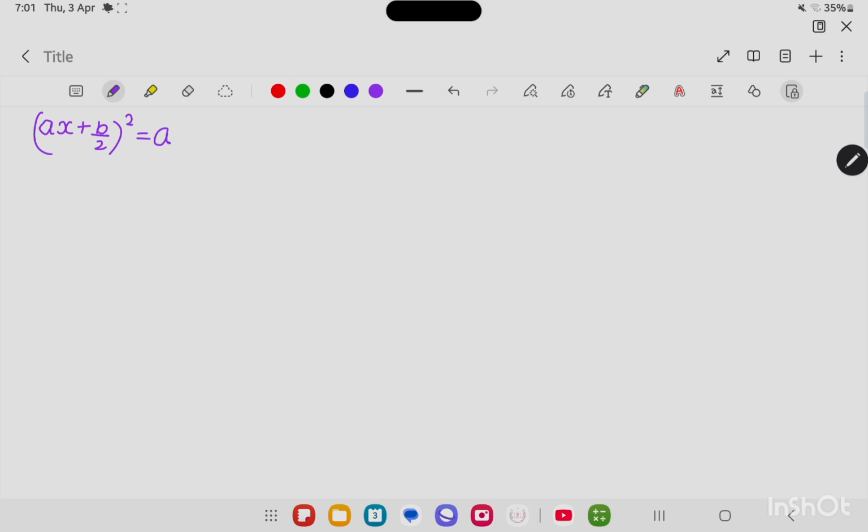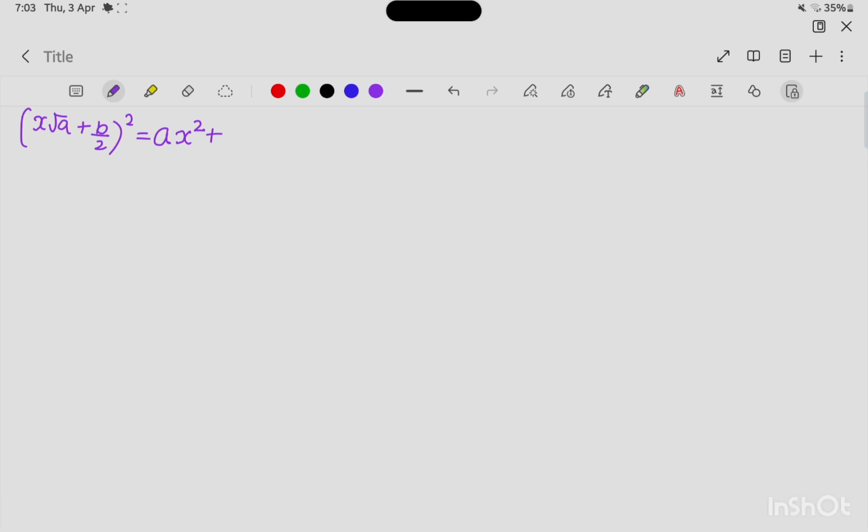Sorry, my bad, I meant root a x, x root a plus b by 2 the whole square. You will get ax square, plus, okay, let's start over again. I made some big mistakes.